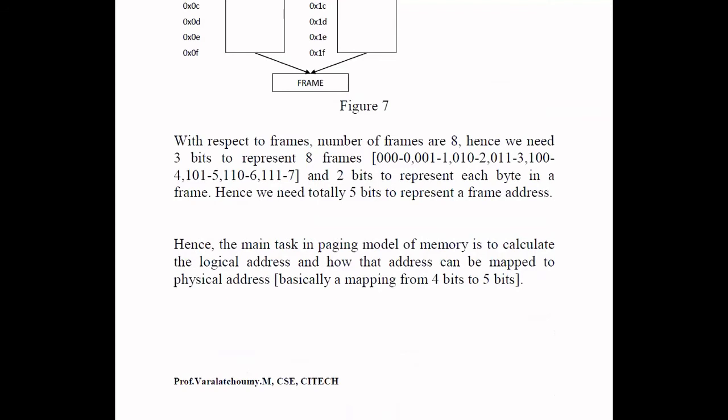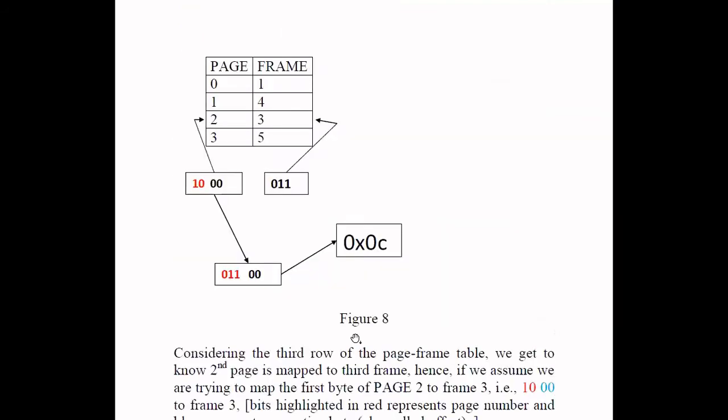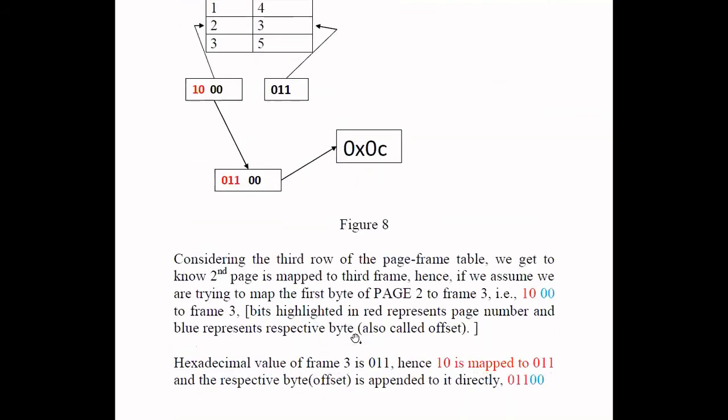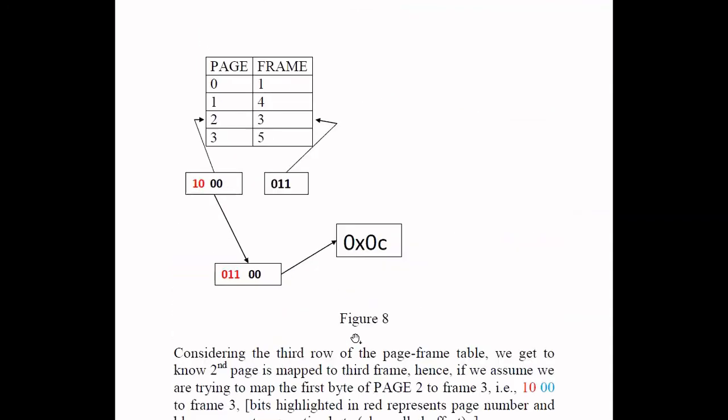So the operating system has to perform some particular operation in order to map these so-called 4 bits to the 5 bits, right? How this is being done is a logic that is represented over here. If we consider the same table that we have assumed, page 0 maps to frame 1, page 1 maps to frame 4, and so on.